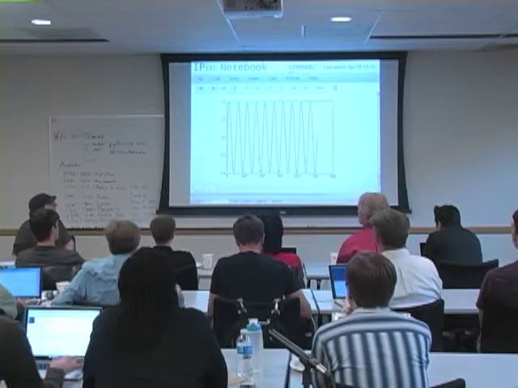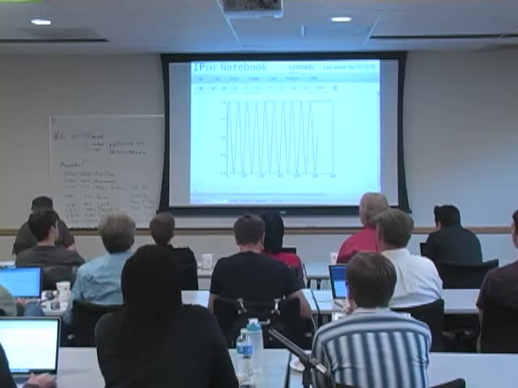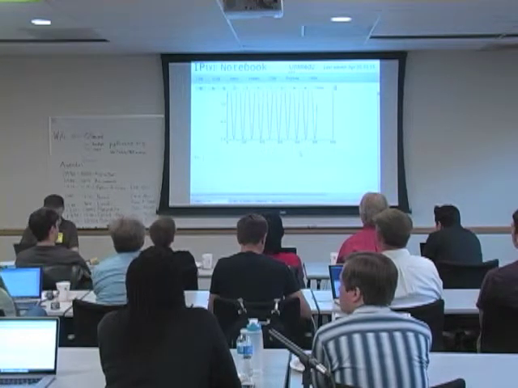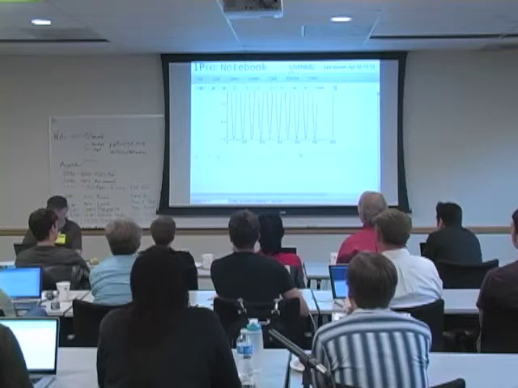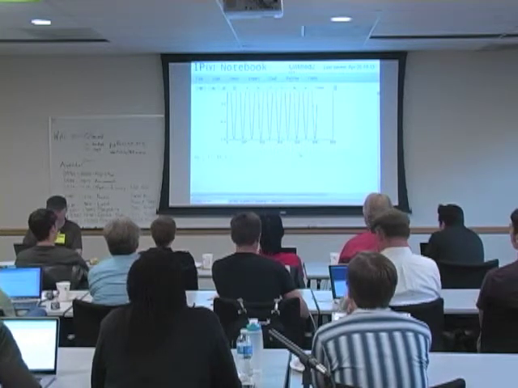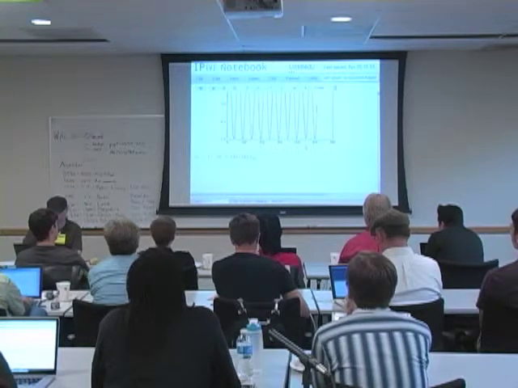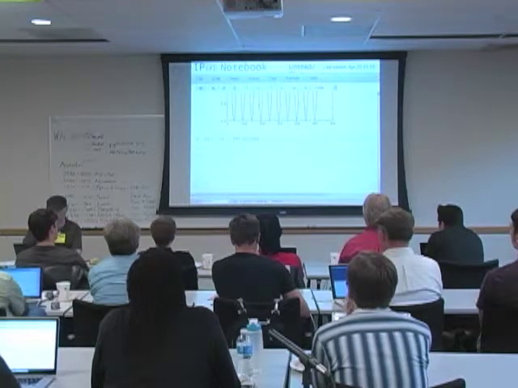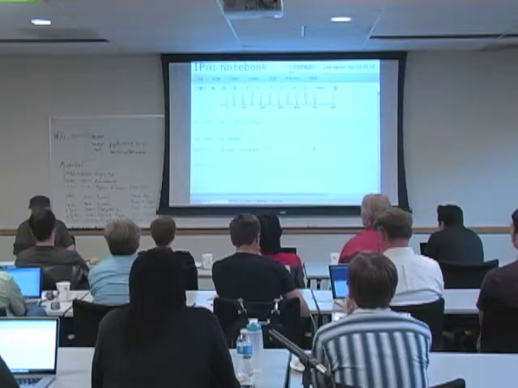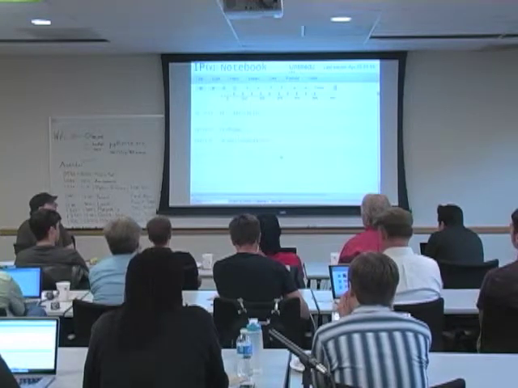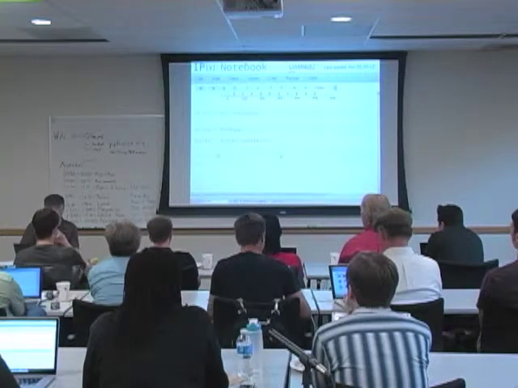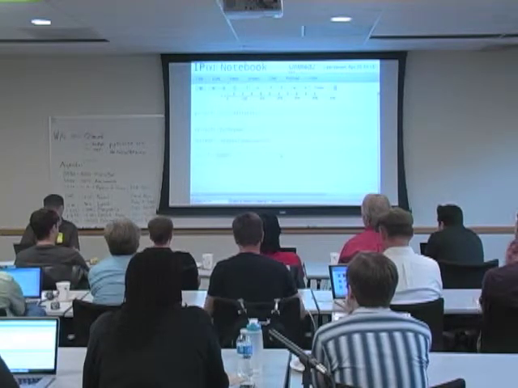Another example of this: I've got my sine wave, so I'm going to take the Fourier transform. The Fourier transform is complex, so I have some complex numbers to deal with. Let's say I want the power of this spectrum.